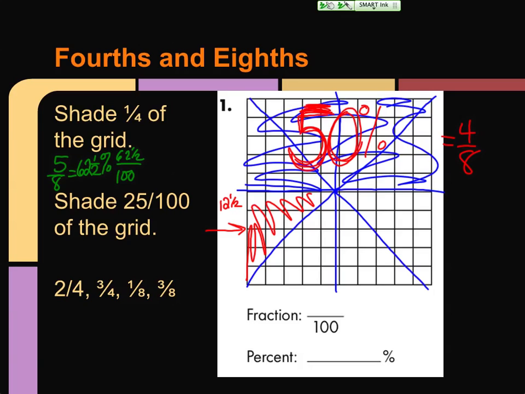So we found 1/8, 2/8, 3/8, 4/8, 5/8. Now we've got to find 6/8, right? This should be easy. If I know that 5/8 is 62.5%, we're going to add another eighth, which is 12.5%, right? Can I ask a question?